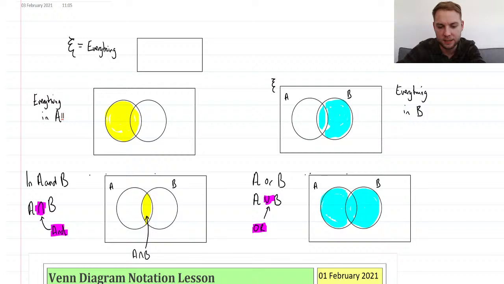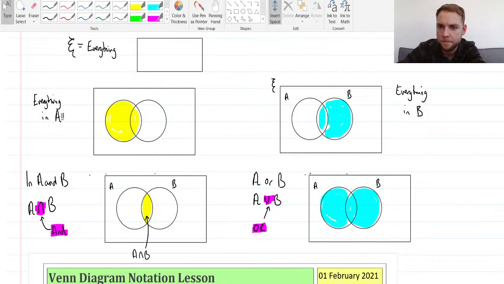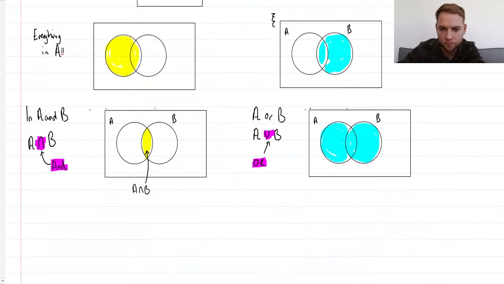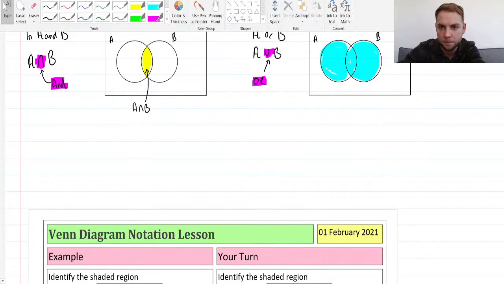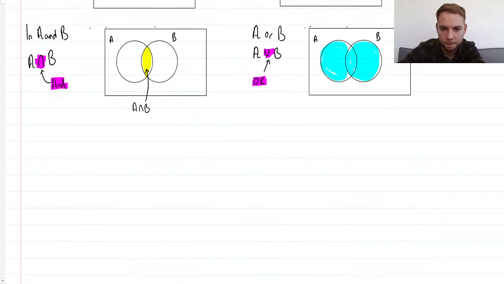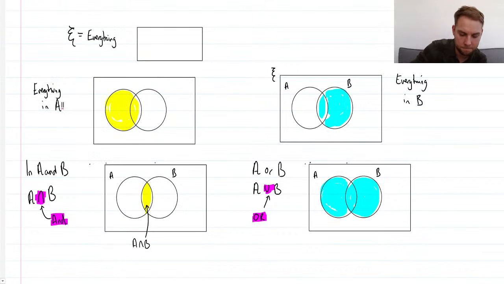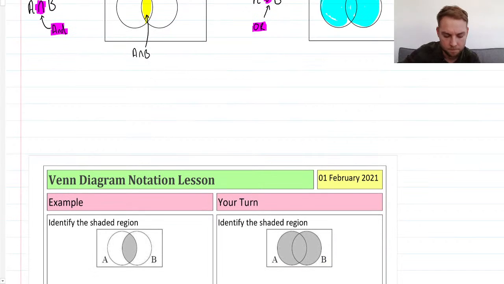There's one more thing we need to think about, and that's the not symbol. Let's write this down over here.